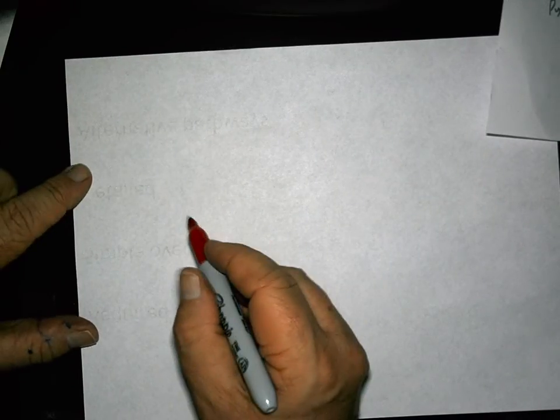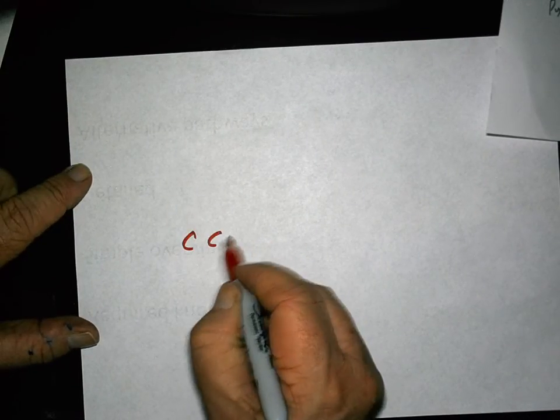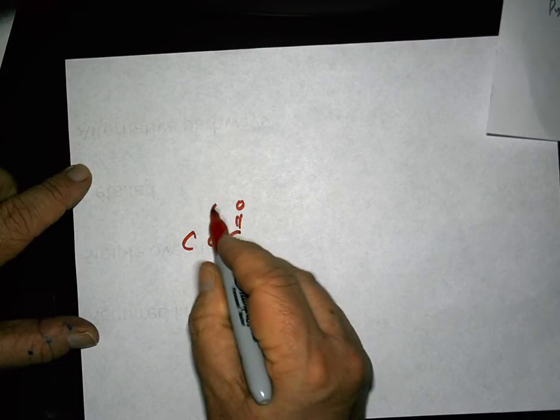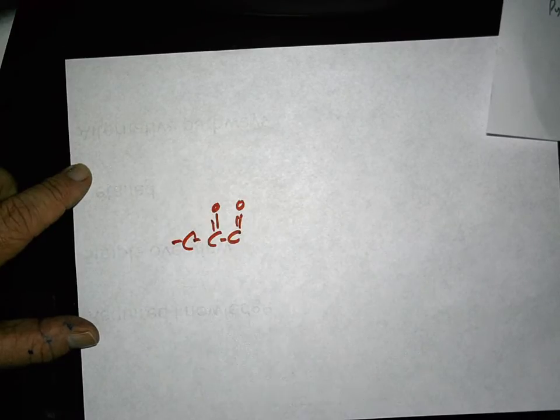Quick time to review the alternative pathway of lactic acid. You have pyruvic acid.